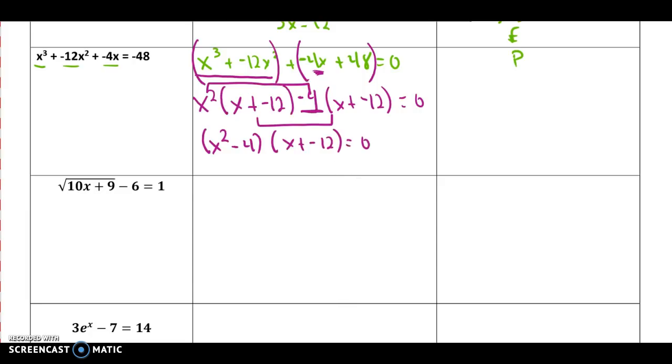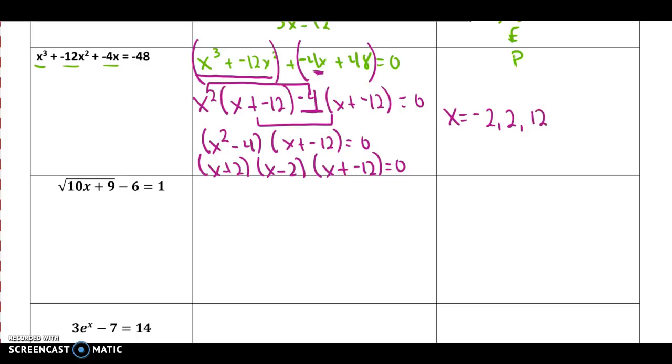When we did this in our mile marker, the direction said to factor completely, so I would take that x squared minus 4 and make it x plus 2 and x minus 2. It's a difference of squares. Now I go through and see what's going to make all of my factors 0. My answers are negative 2, 2, and 12.